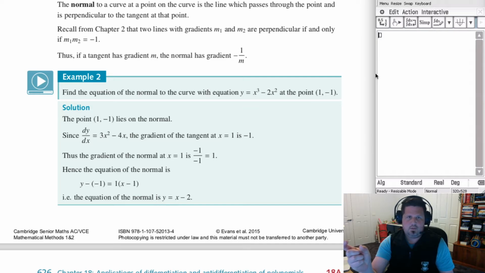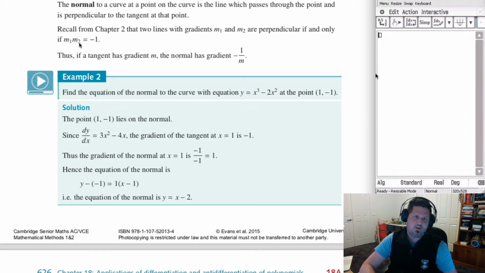What you do need to remember is if you've got two lines and they are perpendicular to each other, then when you multiply the gradient from the first line, m1, and the gradient from the second line, m2, the two lines are perpendicular if, and only if, those two gradients multiplied together equal -1. Rearranging, if a tangent has a gradient of m, then the normal has the gradient -1 over m.